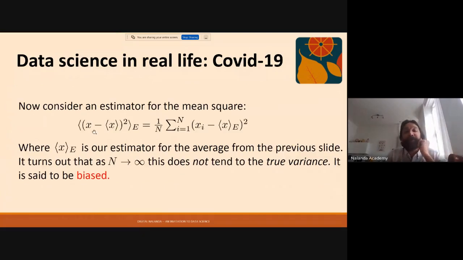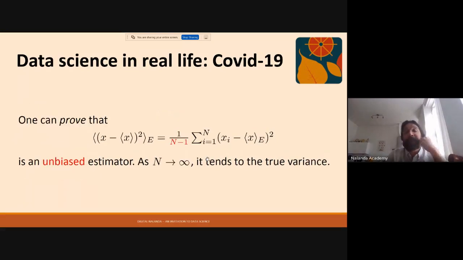Now let's say you try to do the same thing for the mean square. So you take the average you calculated from the last step, and you take the deviation from that estimate of the mean, and you square it and you divide by the number of things in your sample. It turns out that in fact this does not tend to the true variance. It is in fact biased. And the unbiased quantity actually has to divide by n minus 1.